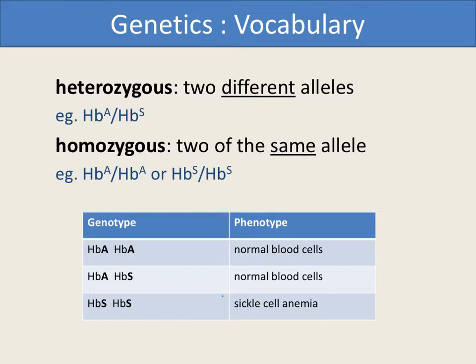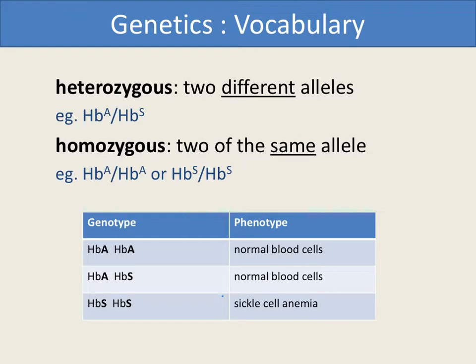Individuals who have sickle cell anemia, they're HBS, HBS, they're homozygous HBS, they're recessive. You can only get that expressed if you have two S alleles instead of just one. Okay? So that's what dominance means.